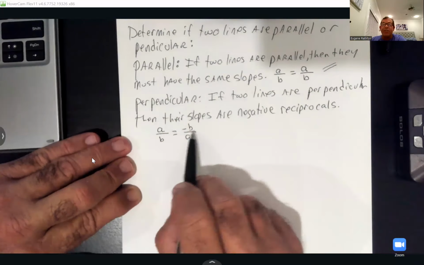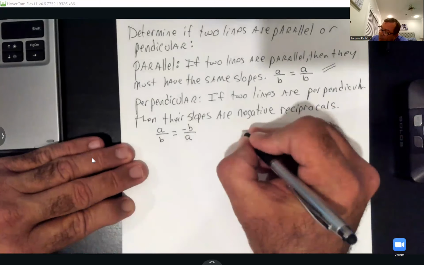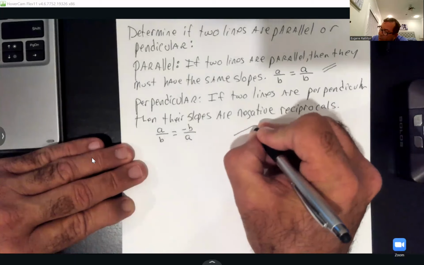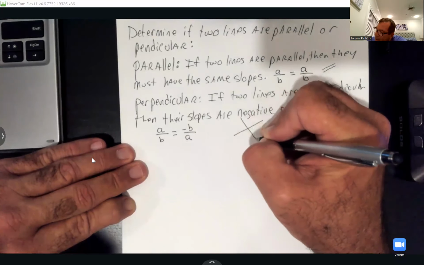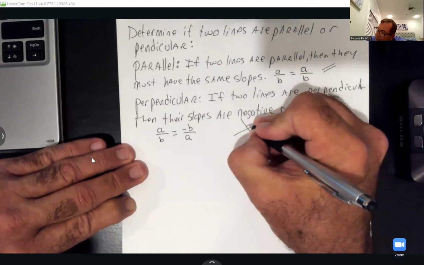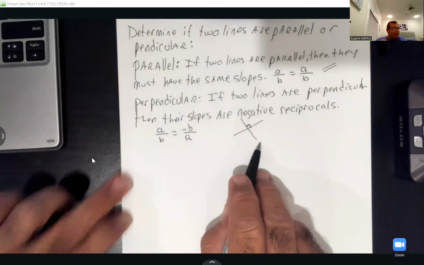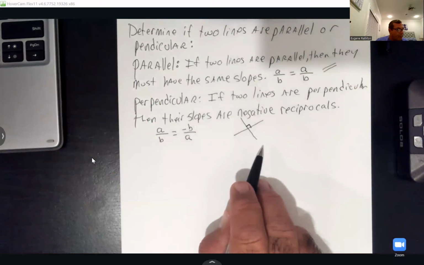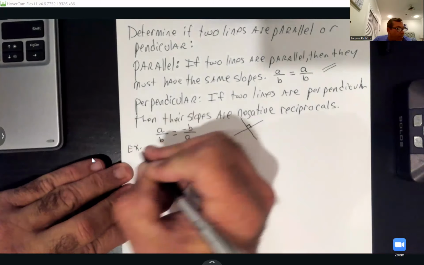You flip the fraction and change the sign for them to be perpendicular. Now, perpendicular lines, if one was going up like that, the other one would go down like that. And perpendicular lines make a 90-degree angle in them, okay? So that's what these exercises are going to do.